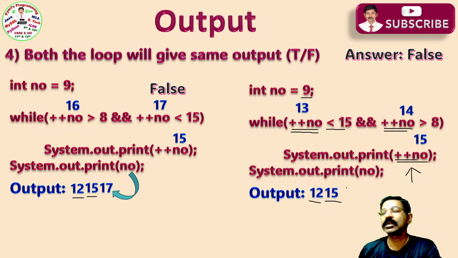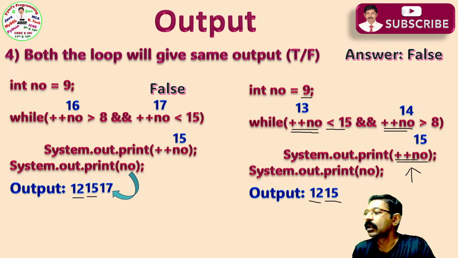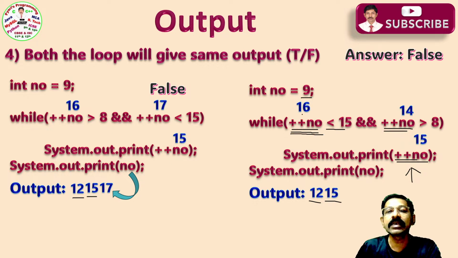But after this, there is a deviation, which is the special part that 9th class you can recall. Today I told you in the classroom, concentrate is a special case of AND operator. You can recall today I told. After this, again when I will move up, plus plus NO will make it 16. 16 less than 15, condition is false.